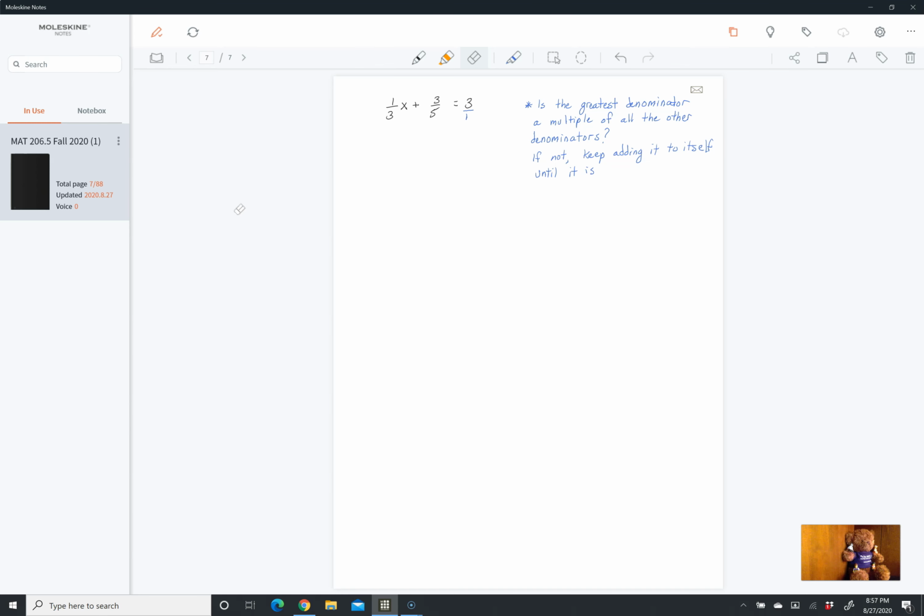Okay, so 5 is not a multiple of 3. So that means that we have to keep going. So 5 is not the least common multiple. So we're going to take 5 and we're going to add it to itself, and we get 10. Now 10 is also not a multiple of 3. So we're going to add it to itself again.